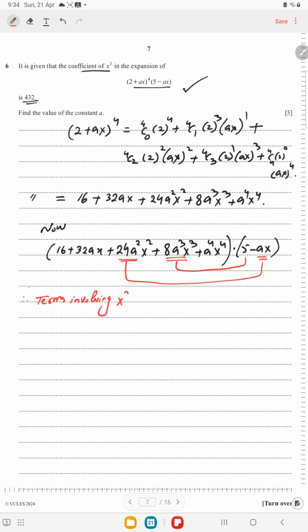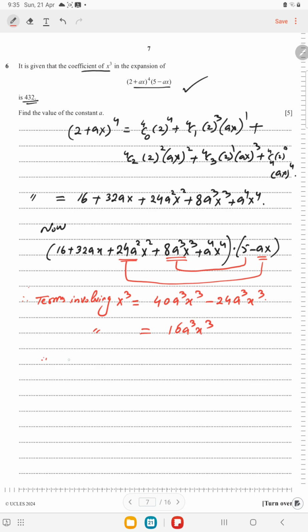When 5 multiplies here, it's 40 a cube x cube. When minus ax is multiplied with it, minus 24 a cube x cube, right? So we can write 40 minus 24, that goes to be 16 a cube x cube.